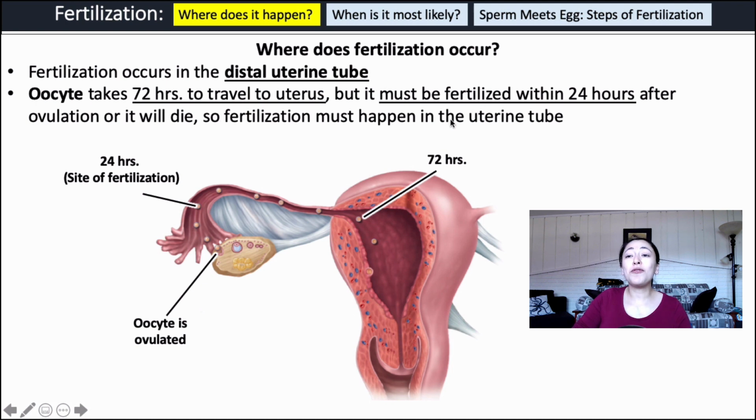However, it must be fertilized within 24 hours after being ovulated or else it dies. This is why fertilization must happen in the uterine tube, because after 24 hours, it's probably only made it about this far. And so the sperm must travel all the way up through the uterus and down the uterine tube in order to fertilize the egg.